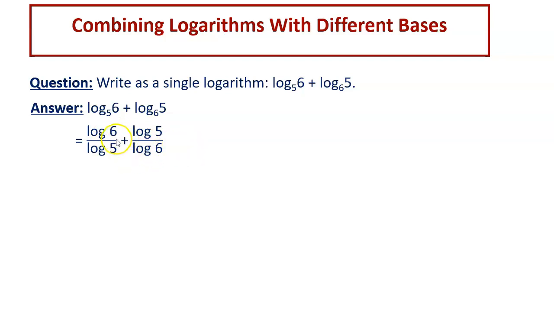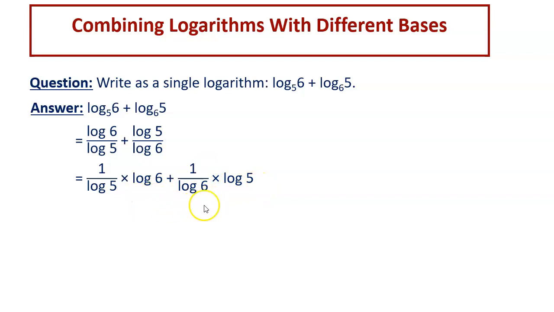And this is log of 6 over log of 5 plus log of 5 over log of 6. This is equal to 1 over log of 5 times log of 6. We can write this in this form, 1 over log of 5 times log of 6 plus 1 over log of 6 times log of 5.